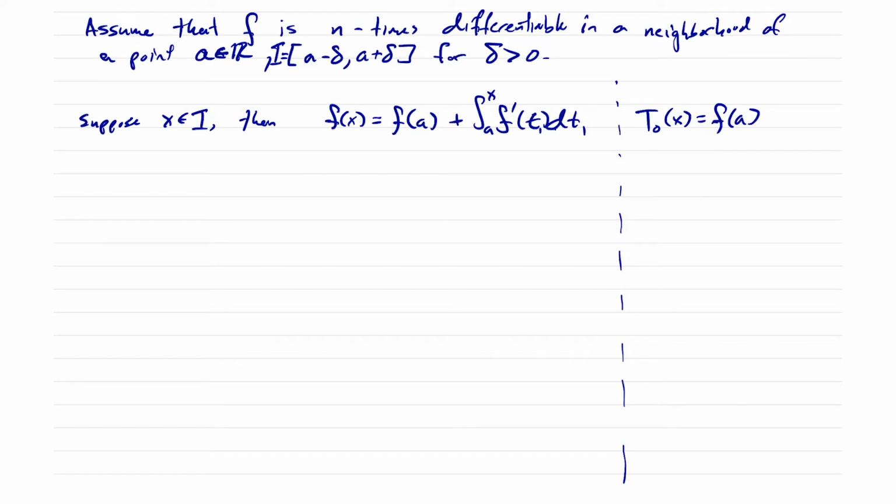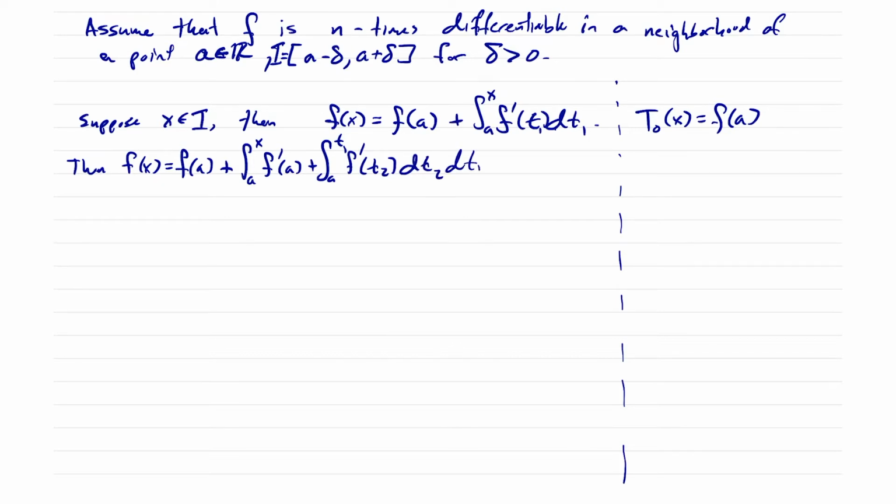Now let's do this again. For each one of these, t1 is actually in the interval, just like x was. Then we can write f of x as f of a plus the integral from a to x of f prime at a plus the integral from a to t1 of f prime of t2 dt2 dt1.